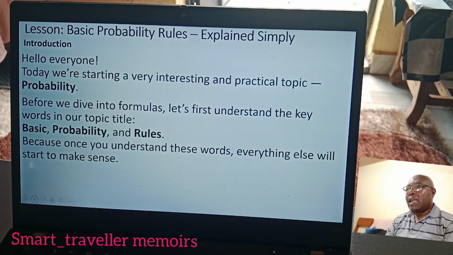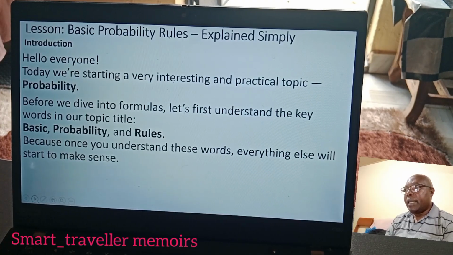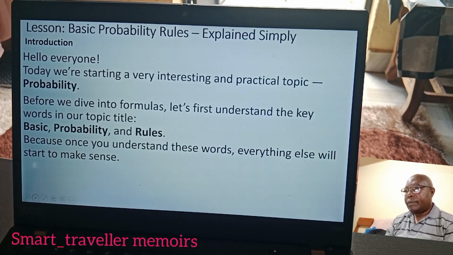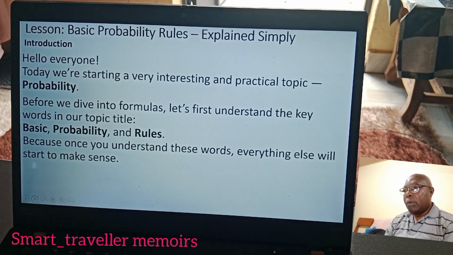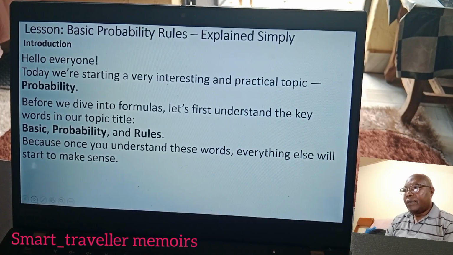Today we are starting a very interesting and practical topic, that is probability. Before we dive into formulas, let's first understand the key words in our topic title, which is Basic Probability Rules Explained Simply.